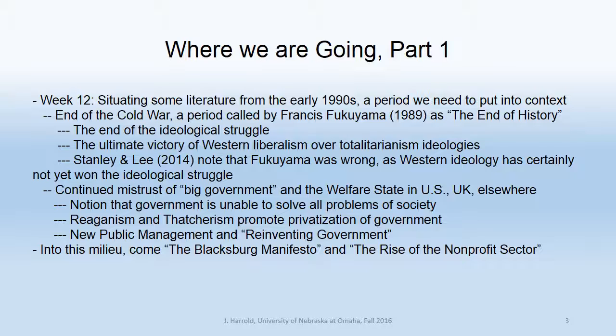And so what Fukuyama was talking about as the end of history was that this period represented the end of this Titan ideological struggle between the forces of Western liberal democracy, the ideology of Western liberal democracy, and the totalitarian ideology, such as Soviet-style Marxism.